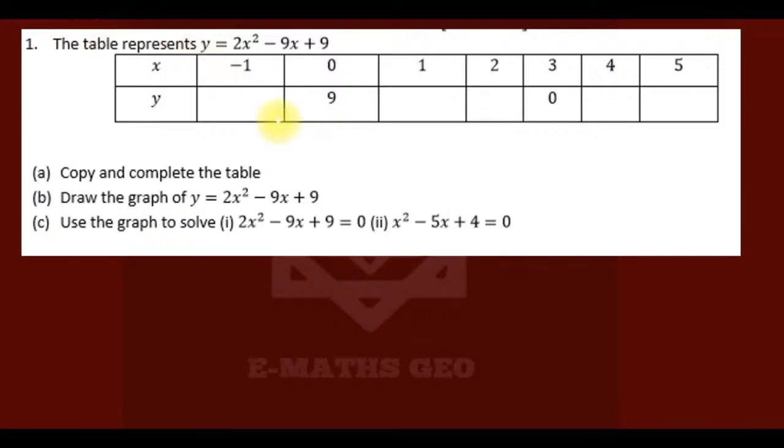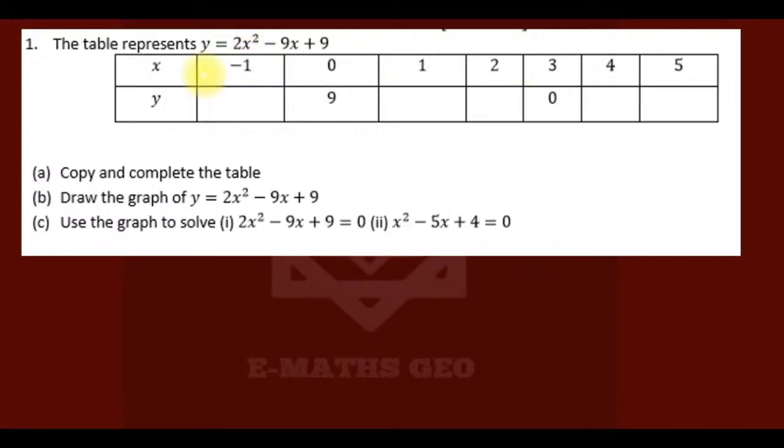It's advisable, after you fill in the unknowns, to cross-check the ones given. As you can see, when x is 0, y is 9, so it's correct.